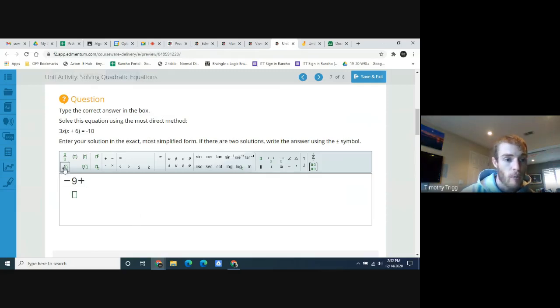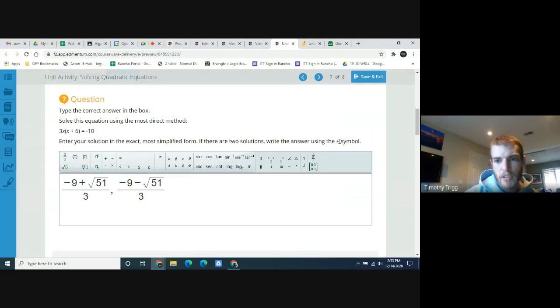Plus, you use the square root tool like that. 51 over 3, like that. And the other one was fraction again, negative 9 minus the square root 51 over 3. All right, so those will be your two solutions in this case.